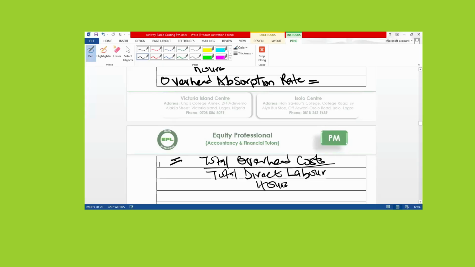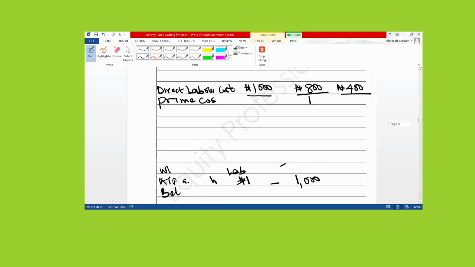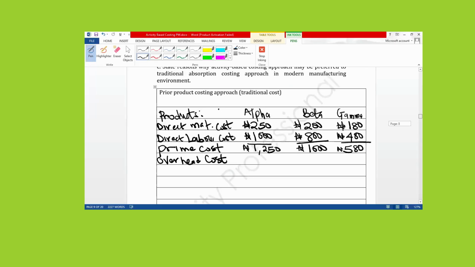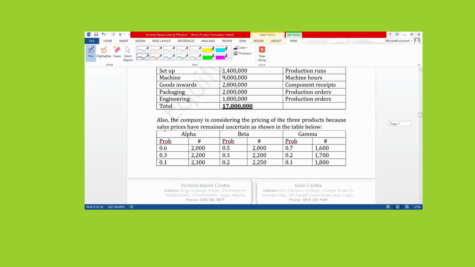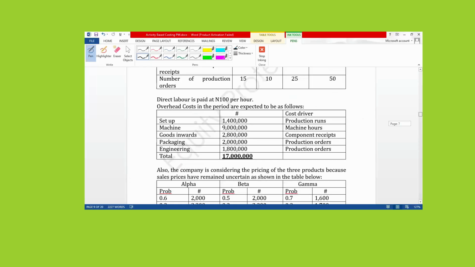Let's go back to the question. We have setup overhead 1.4, machine overhead 9 million, goods inwards overhead 2.8, packaging overhead 2 million, engineering overhead 1.6, total overhead 17 million. If you look at this question, none of this overhead is related to labor hour.